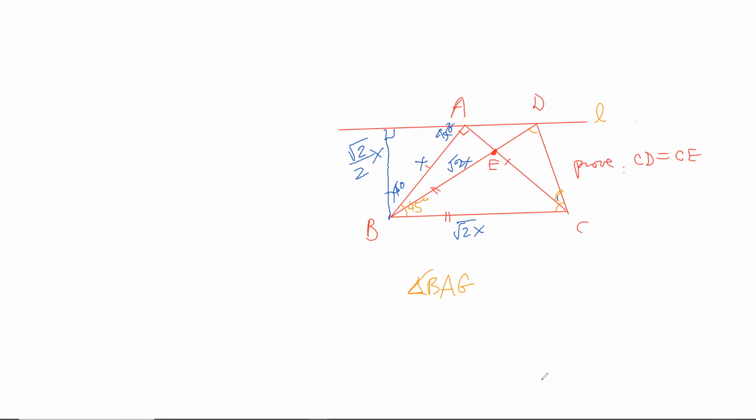And if you notice here, triangle BGD is a 30, 60, 90 degree triangle. So this angle would be 30 degrees and this angle here would be 60 degrees. You mean triangle BDG is a 30, 60, 90?